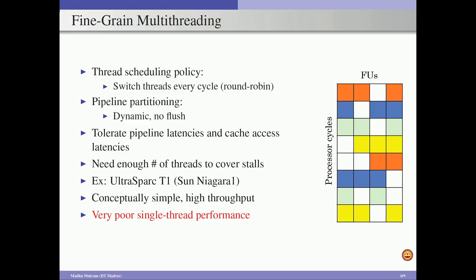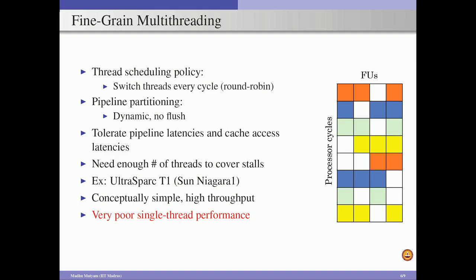But in order to hide this low latency as well as the high latency because of the cache misses or the instruction execution, we need to have enough number of threads in our system.